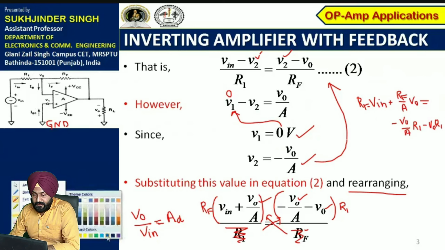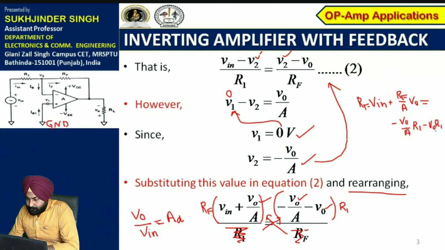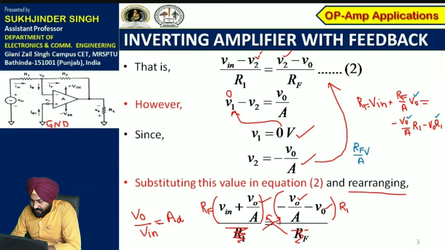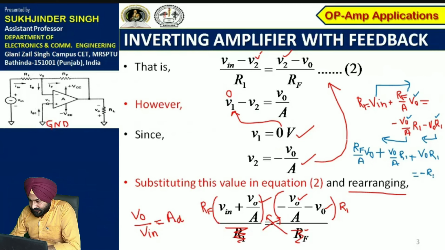Now taking the output terms, that is terms containing V0, on one side, you can write (RF by A) V0 plus, taking this side, (V0 by A) into R1 plus V0 R1 is equal to, taking this term outside, minus RF into Vin.